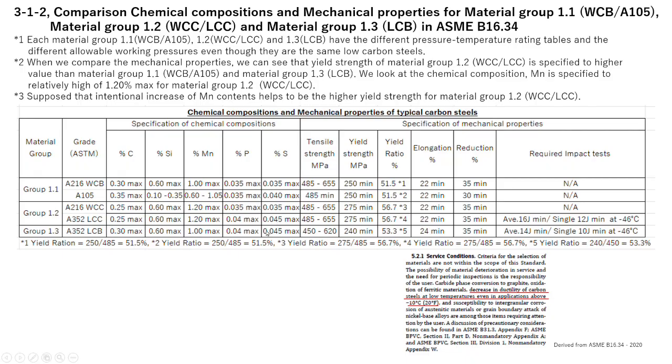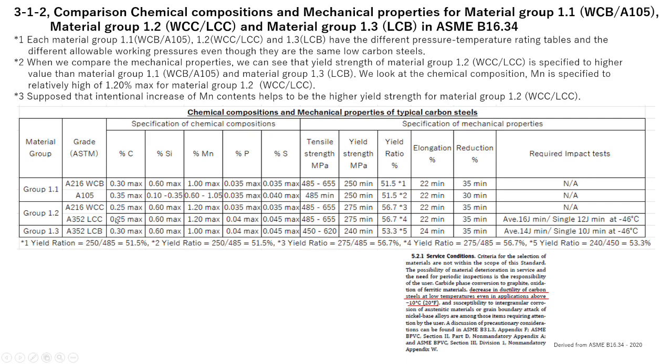So carbon steel and ferritic steel have an inherent low temperature brittleness property. Normal carbon steel cannot be used for low temperature because of the possibility of low temperature brittleness.